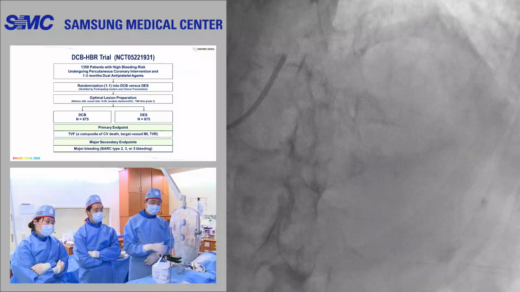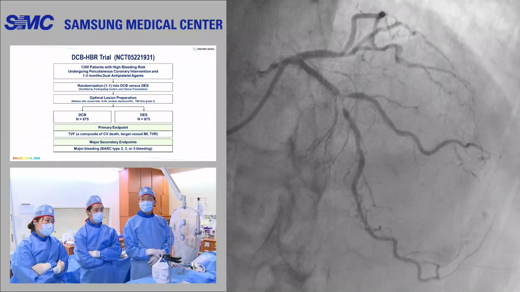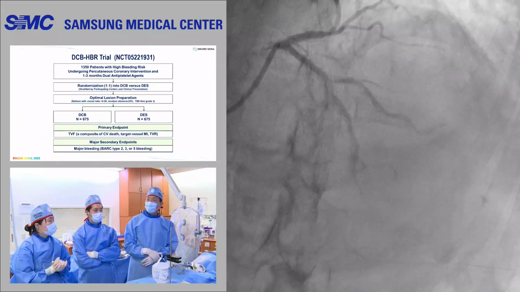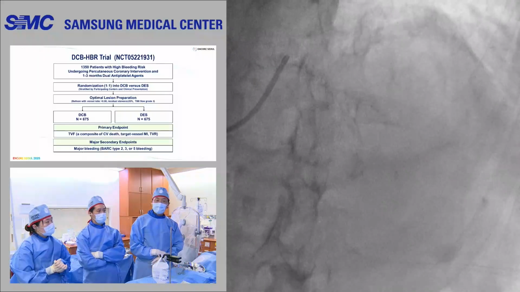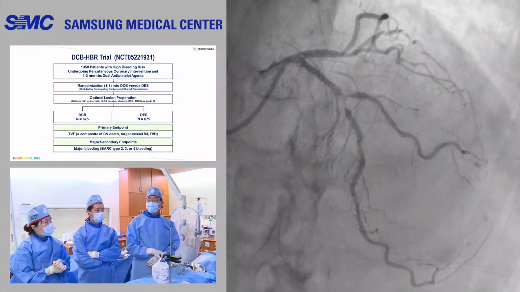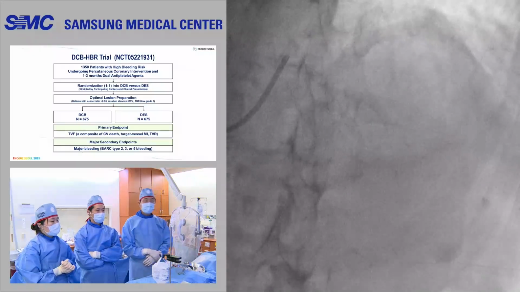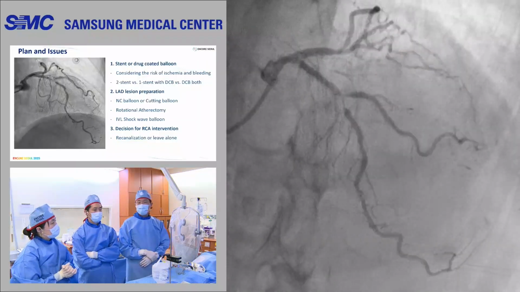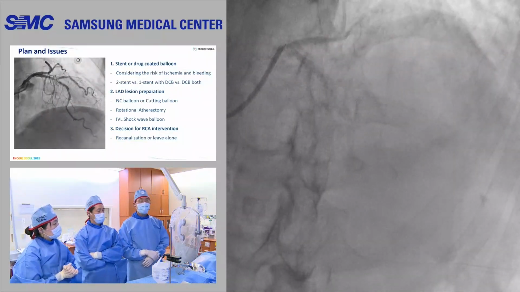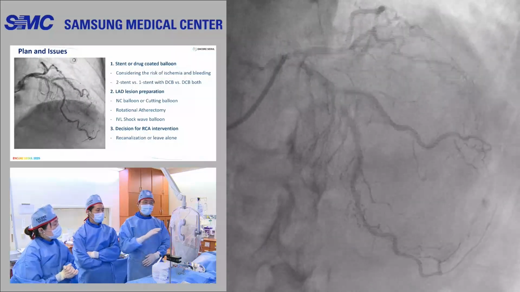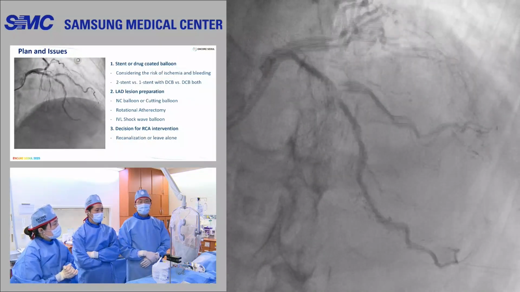I told the patient about the possibility, but in our center we had a study in patients with CKD about contrast-induced nephropathy. In diabetes with creatinine 2.0, there is about a 20% risk of increased CIN.